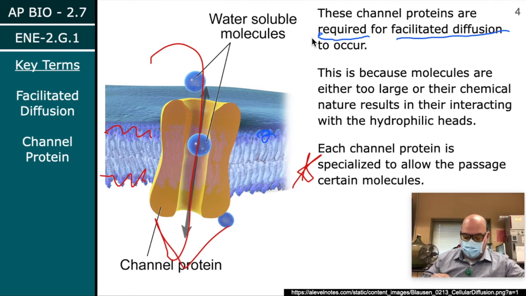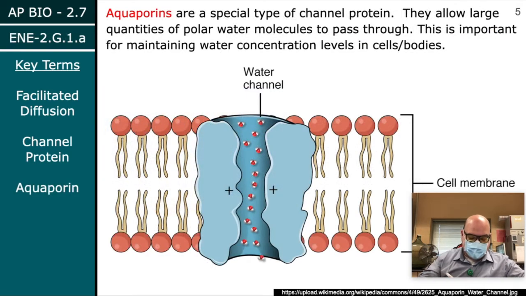All right, one particular kind that we're going to look at is an aquaporin, okay? And I hear the words aqua, which means water, and pore, which is like a little hole, okay? So these ones are sort of specialized for water to go through, and they let a lot of water get through at once.